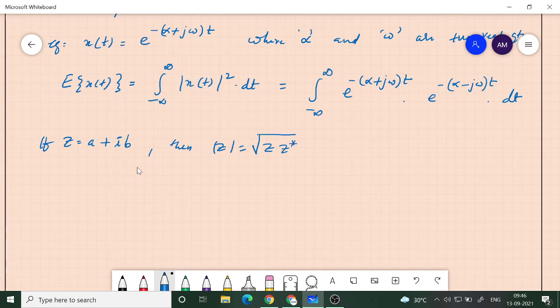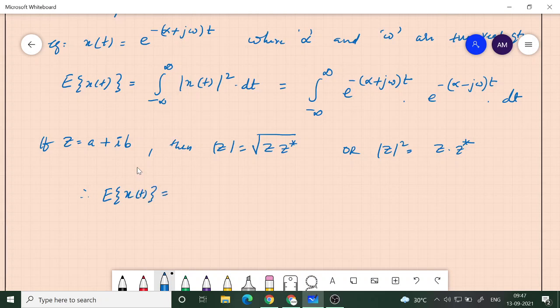That's the definition. Since we have modulus square, modulus square is basically z into z star. So z is the given function x of t, and the conjugate is obtained by putting a minus wherever j appears.